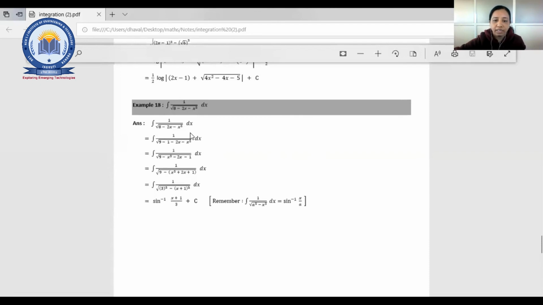So you have to write it in that way. So you will get your final equation in the term a square minus x square. So you can apply the formula of sine inverse x by a. You can apply this formula, right? So this example is related to sine inverse x by a. Fine.